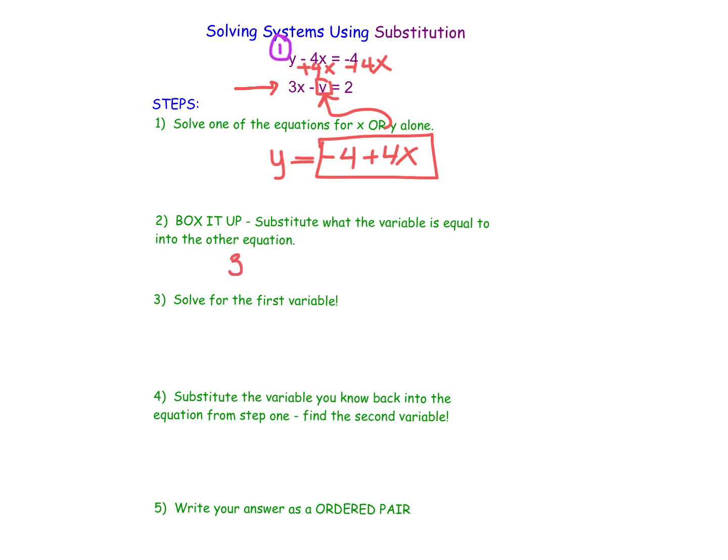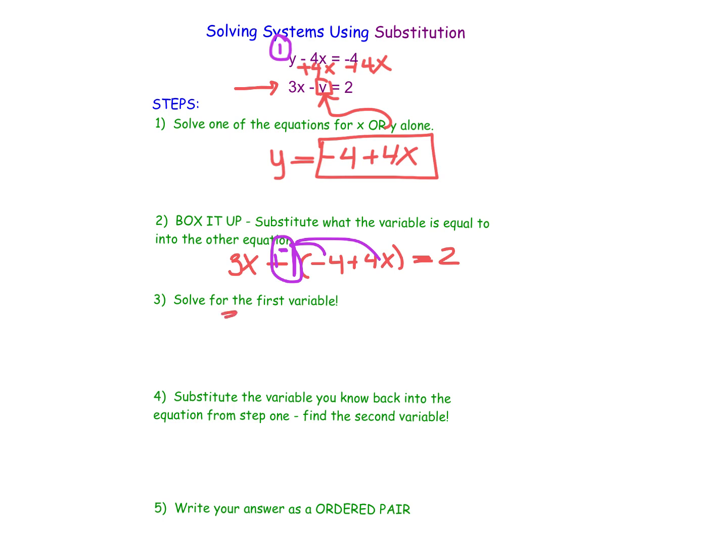So I have 3x minus, then in parentheses, negative 4 plus 4x, so that's all going in place of y, is equal to 2. And then from here I notice that I have a negative number in front of the parentheses, which is really a negative 1, so I'm going to utilize keep, change here. And then in order to solve for that first variable, I'm going to distribute that negative 1.